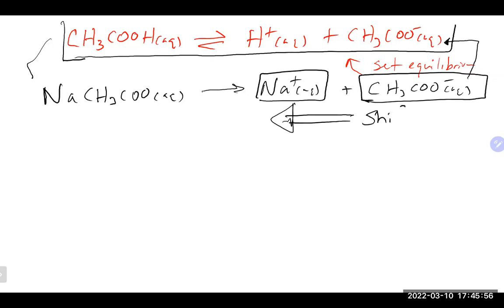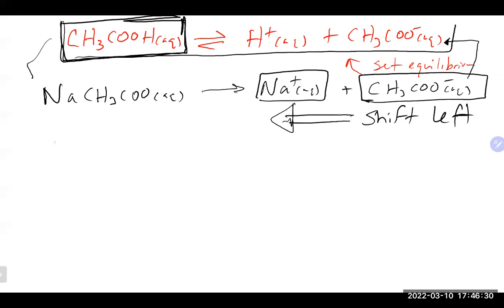That means we have shifted towards the acetic acid side, where the acid is completely together. And that is what it means to suppress the dissociation of a weak acid by having this common ion in place. It will cause the equilibrium to shift away from the common ion based on Le Chatelier's principle. That will essentially keep the acid together.